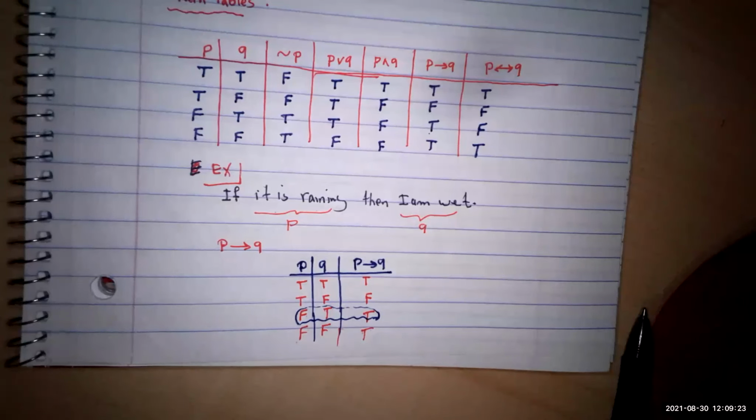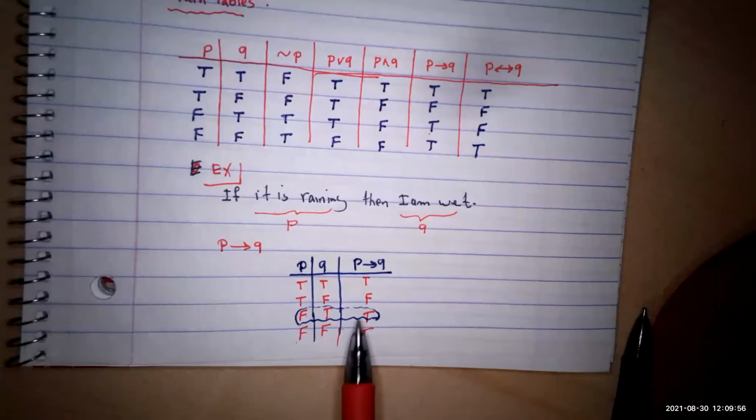We have an expression for it: tautology. A tautology is a compound proposition which is true all the time. You may get false, false, false, 0, 0, 0, 0. In that case, the statement is always false. We call it a contradiction. And sometimes you may get 1, 0, 1, 0, 1, 0, 1. In that case, your statement is called a contingency.